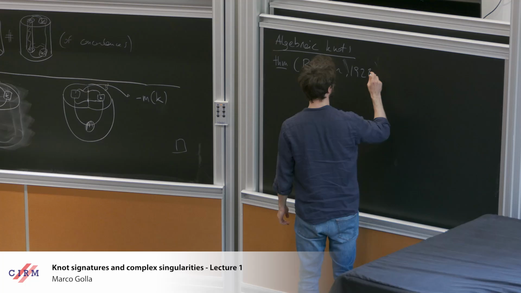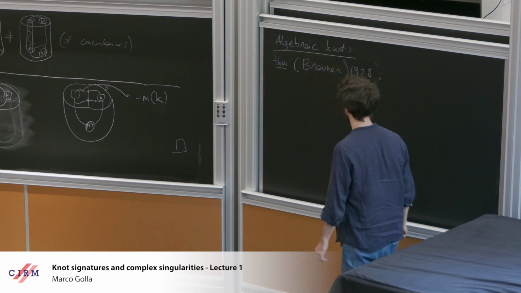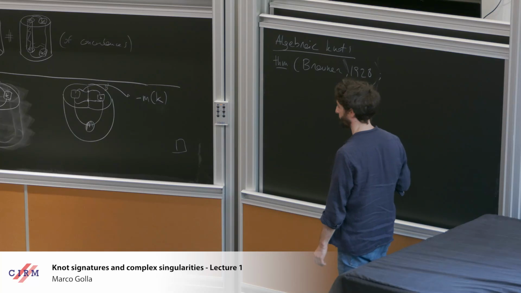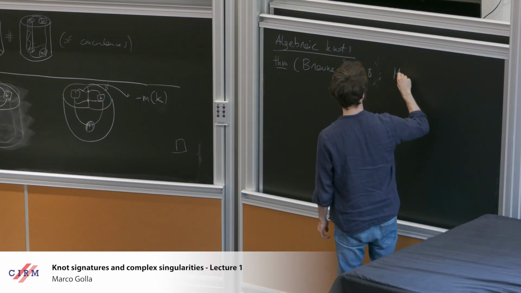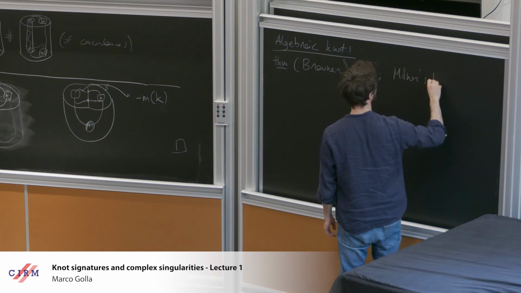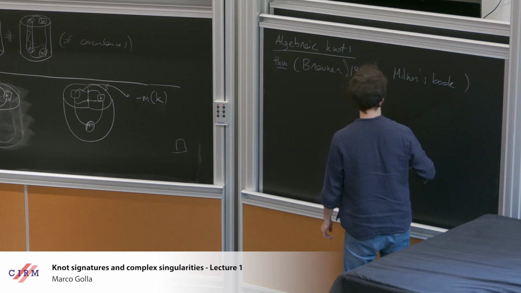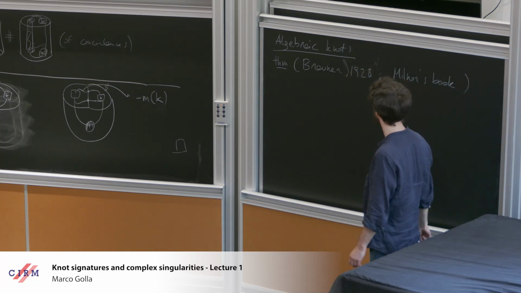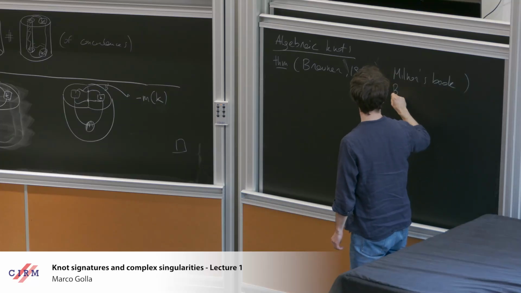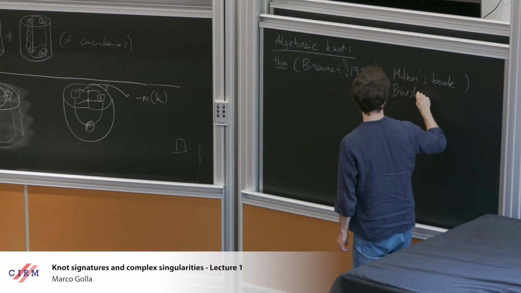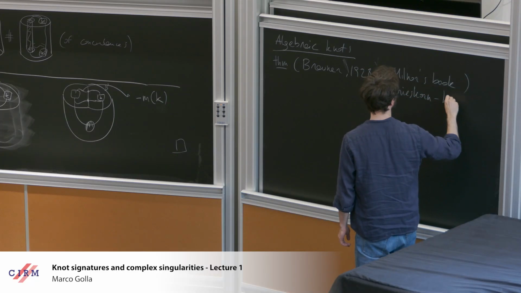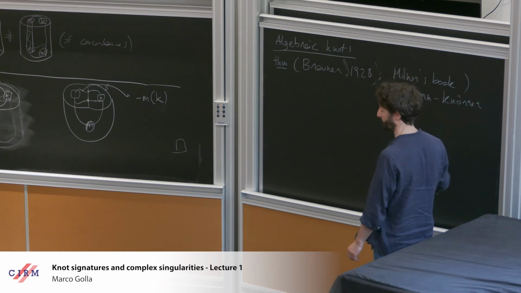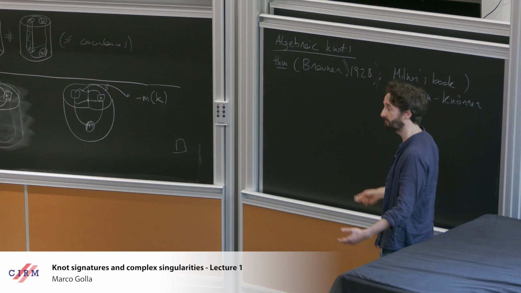And my former postdoc really pushed for me to say that you should look at Milnor's book on complex hypersurface singularities for a better reference. And maybe there's also the book by Brieskorn and Knörrer, which has really beautiful pictures, and it's a fun book to read.